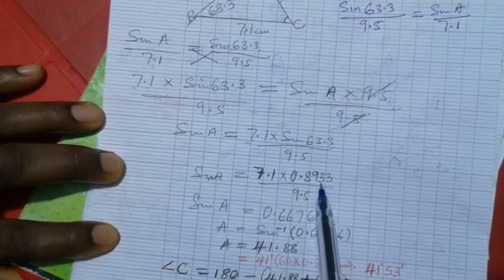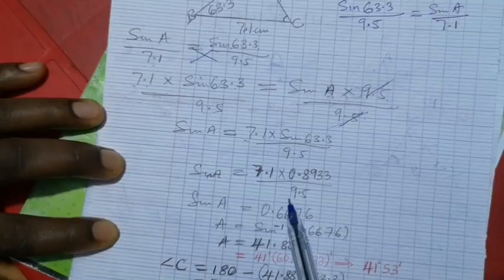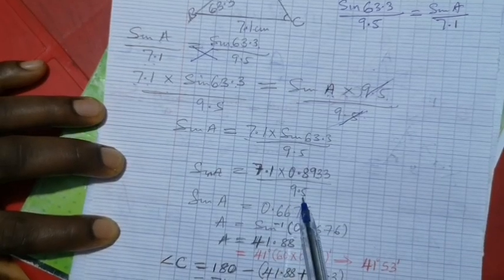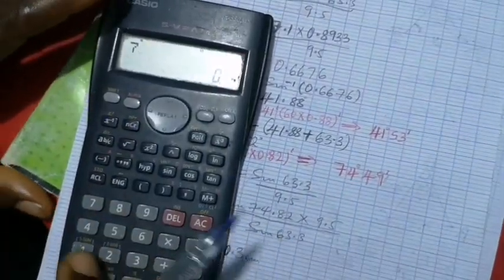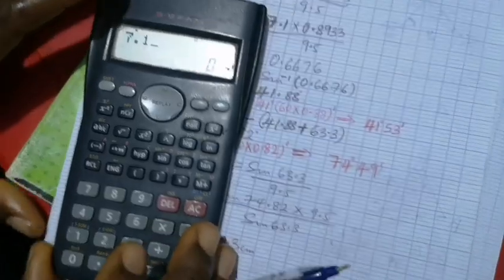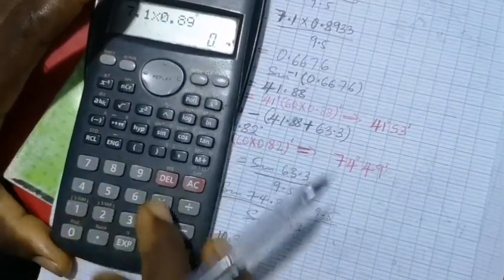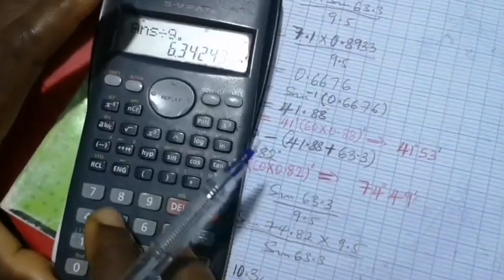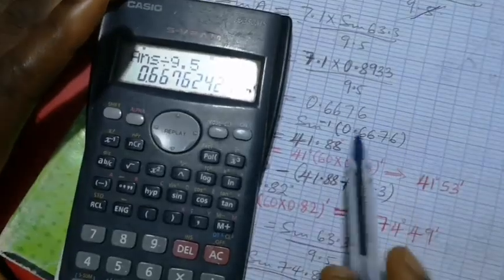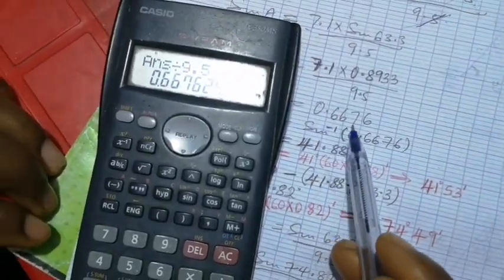So if you multiply this by 7.1, and then divide by 9.5, you have approximately 0.6676.